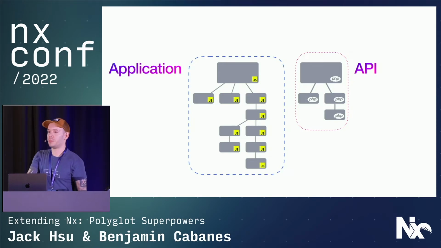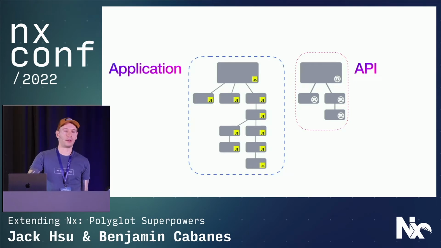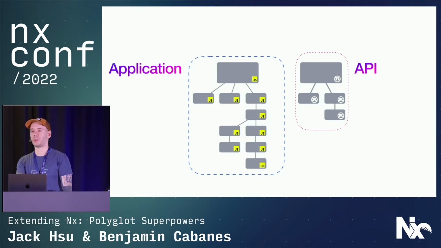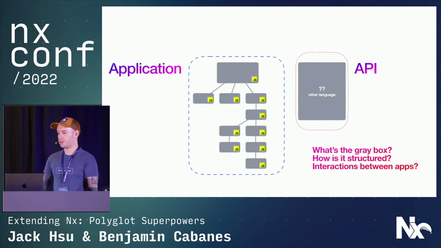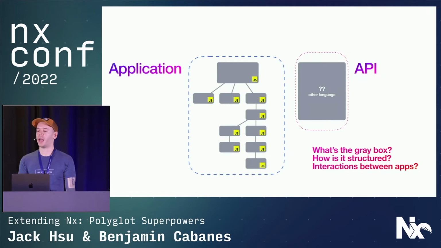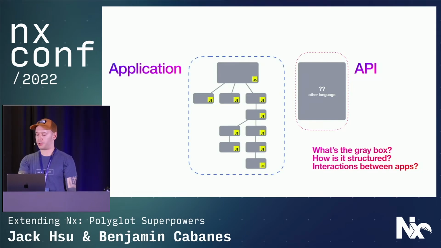Maybe this is written in PHP, maybe this is written in Rust, or Kotlin, or Java, or any kind of language that you want to use. So basically what we want is what's inside the gray box, how it is structured, and what are the possible interactions, or if there are already interactions between those two projects.